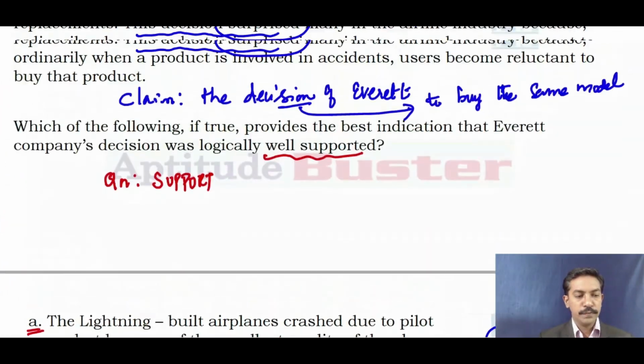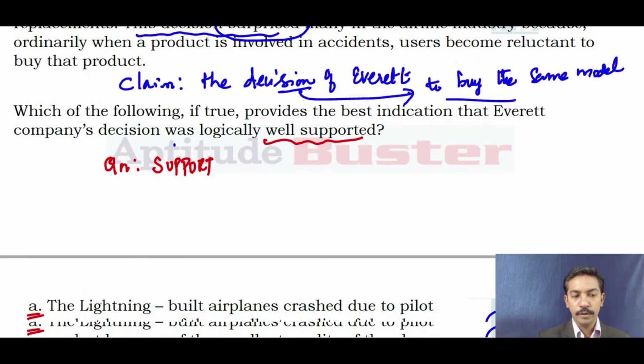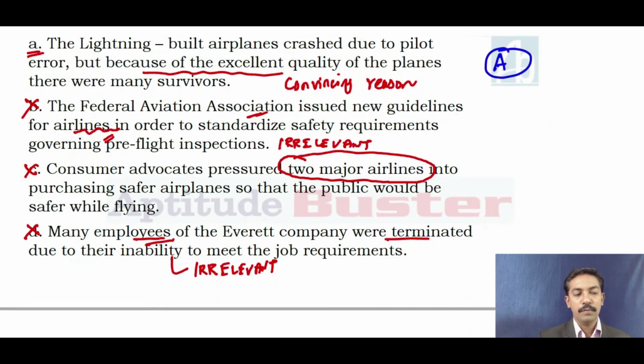So to summarize further, this argument is about the decision of a company. The decision is to buy the same model. So the question asks you to identify, of the 4 options given, the option that would support the argument. We went through 4 choices, of which we found option A is the one that supports the logic the best.